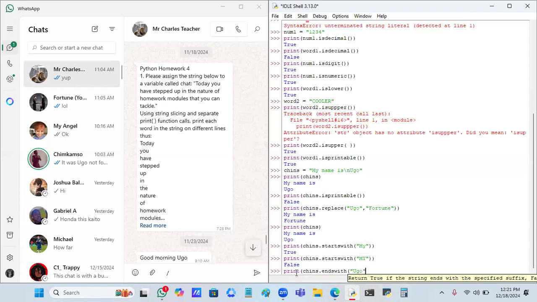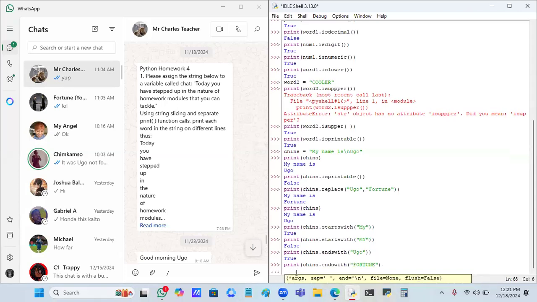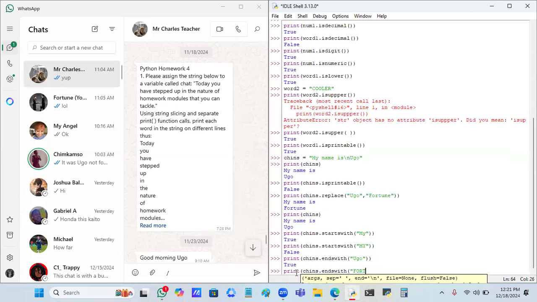Can I also use fortune? Yes, fortune will be for the first part now, you remember. You did not close the parentheses for print.